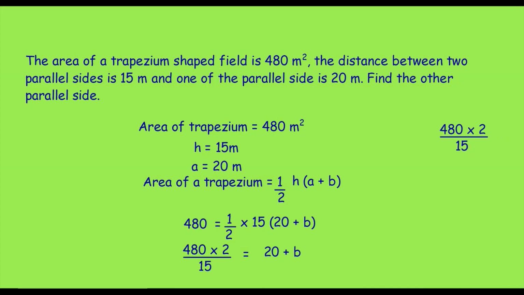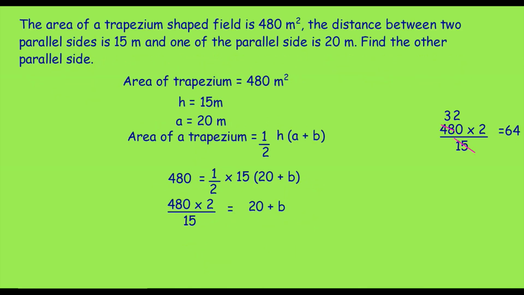Now 48 into 2 by 15. 15 in 48, it will be 3 times. Then balance 3. In 30, it is 2 times. So 32 into 2, you will get 64. So we can write 64 is equal to 20 plus b. Now b you can get as 64 minus 20, that is equal to 44 meters.